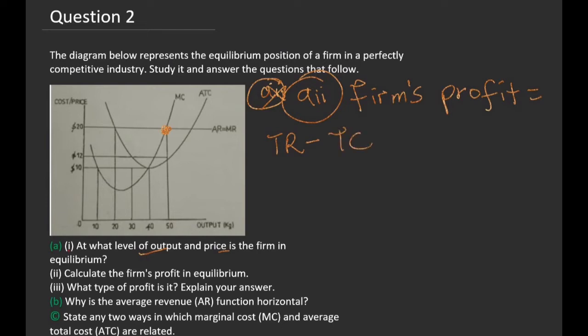The TR, total revenue, is equal to 50 kg times the price, which is $20. TR will give me $1,000.